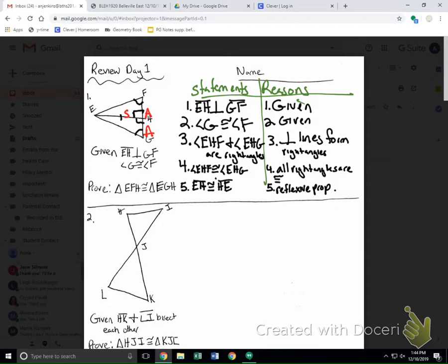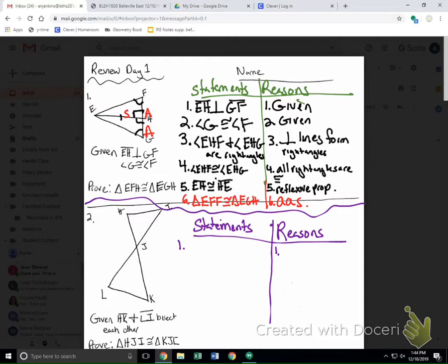Is this side here between these 2 angles? No, it's not. So this has to be angle, angle, side. So your last step is to say what your proof statement was. EFH is congruent to EGH. And you know that by AAS.